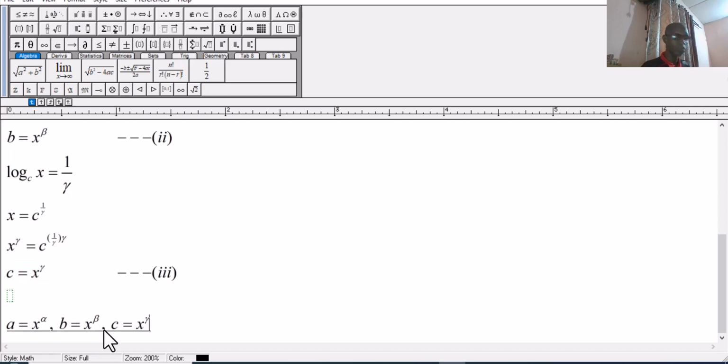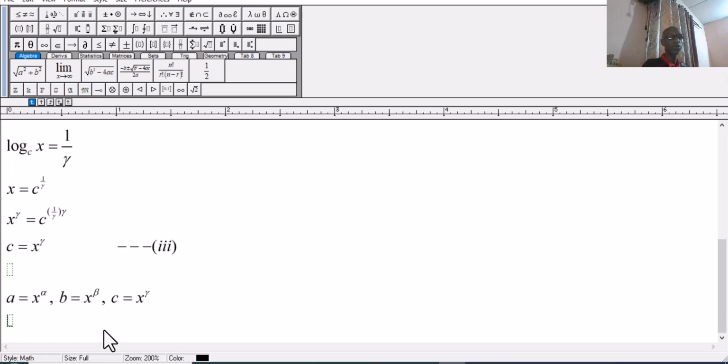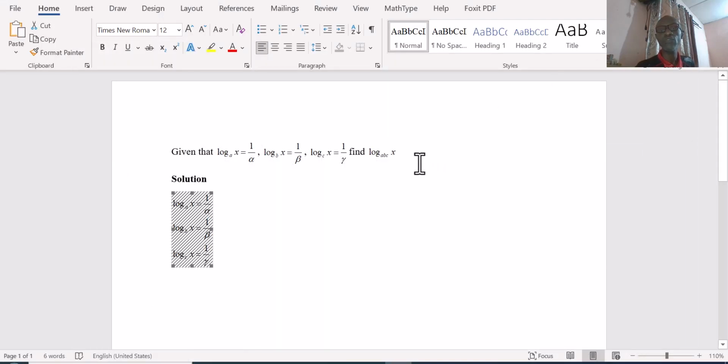I'm doing this because we are asked to find log x to base abc.